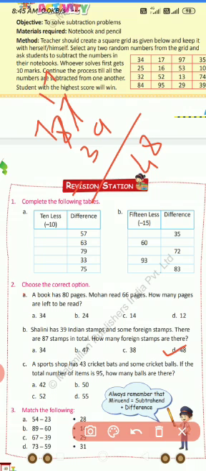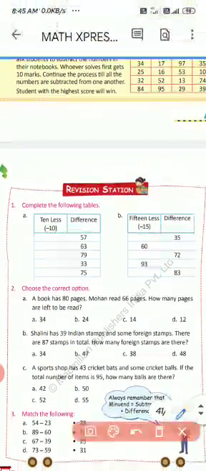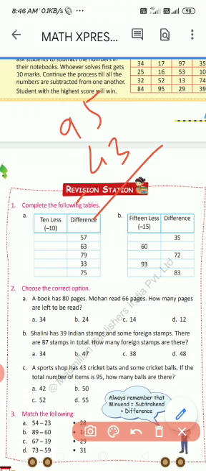So total number of items 95 and 43 cricket bats. So 95 minus 43, we have to subtract 43 from 95.